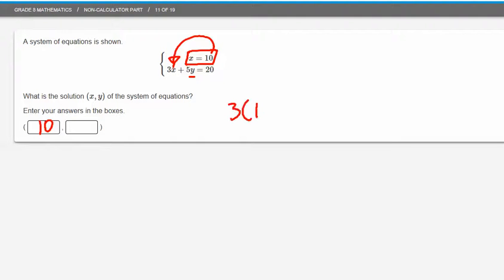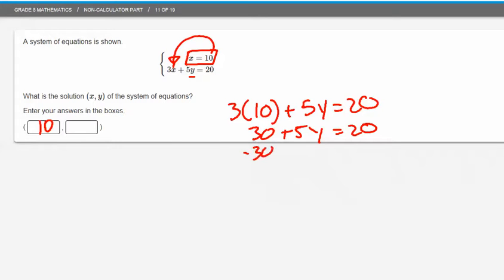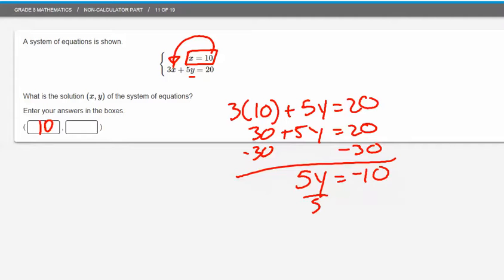We have 3 times 10 plus 5y is equal to 20. Well, 3 times 10 is 30, plus 5y is equal to 20, minus 30, minus 30. So we have 5y is equal to negative 10, divided by 5, divided by 5, and you get y is equal to negative 2. So the two lines will cross at (10, negative 2).